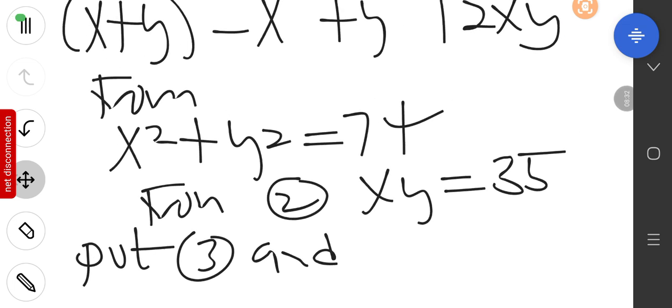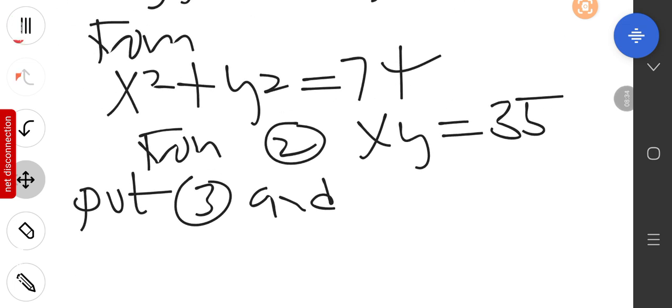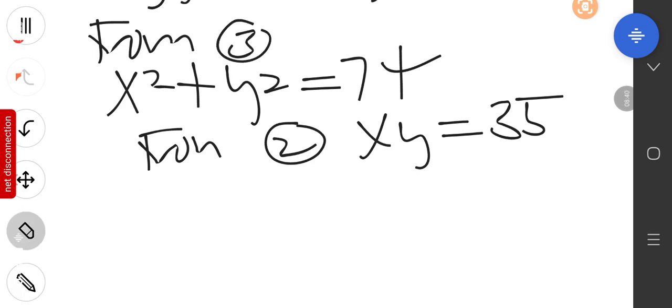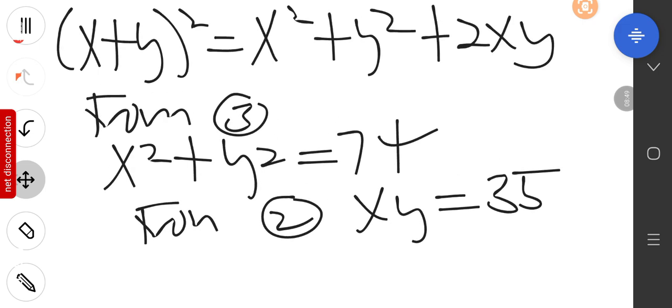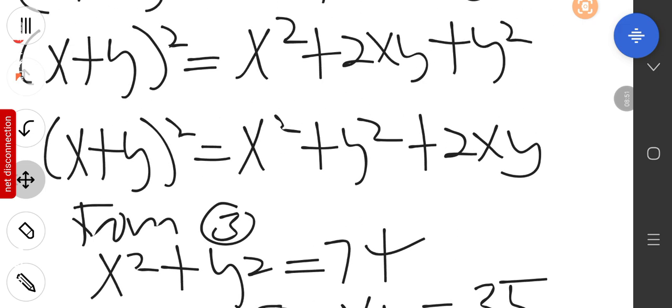So from equation 3, all right, so let's focus on what we did. This is what we have. Now let's put equation 3 and equation 2 into our expression.